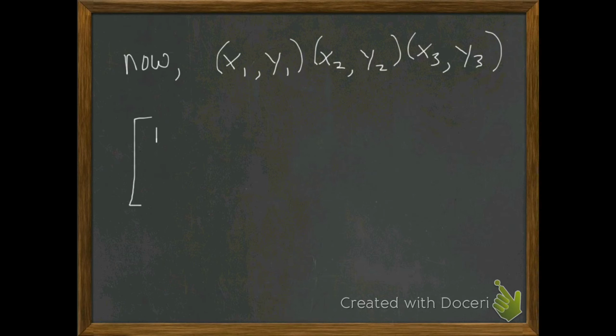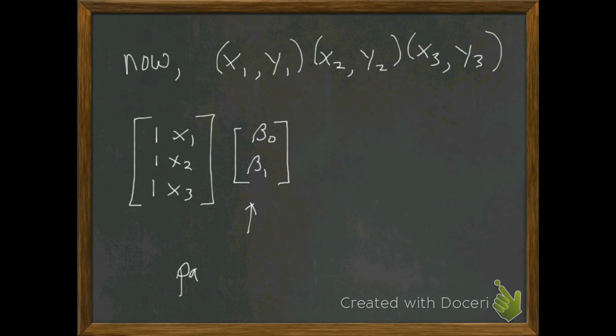We could multiply this times our beta matrix, and I'll probably call this most of the time the parameter vector. Here we have a 3 by 2, and here we have a 2 by 1. So the inside parts are the same, so we can multiply these together, and of course we're going to get a 3 by 1 matrix.